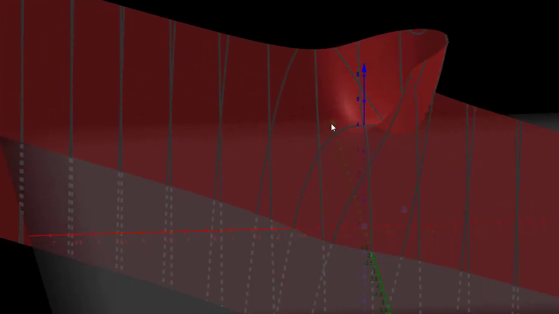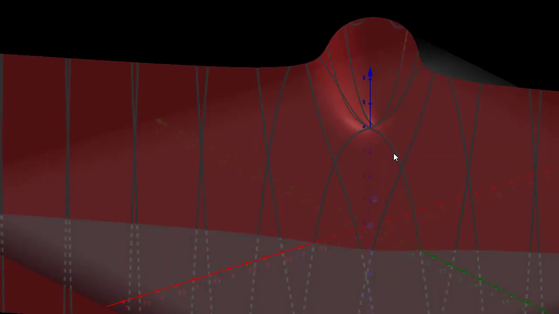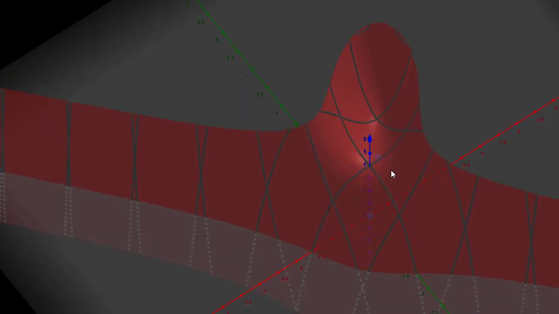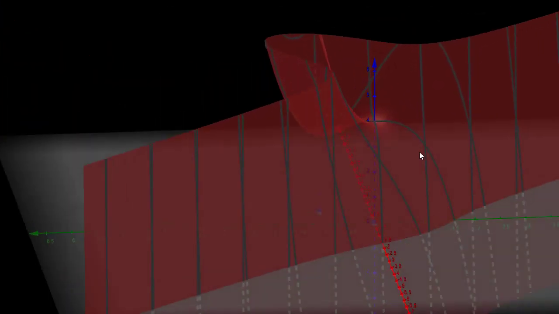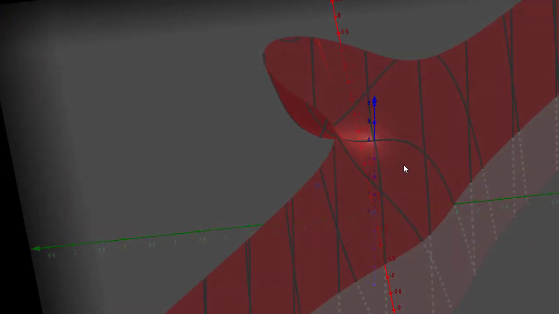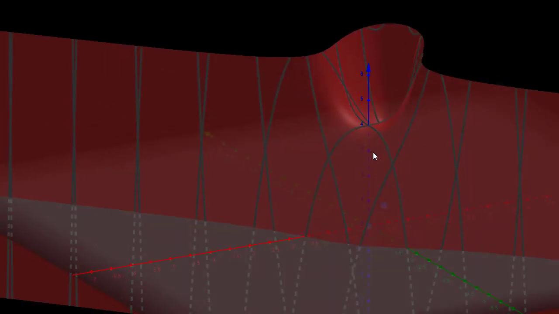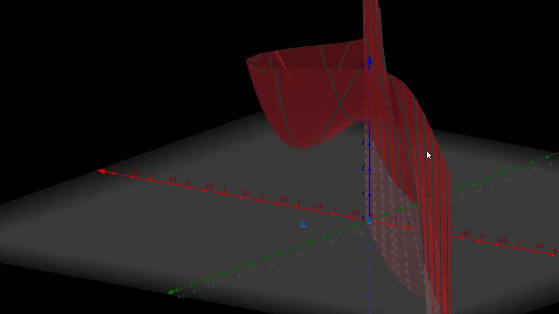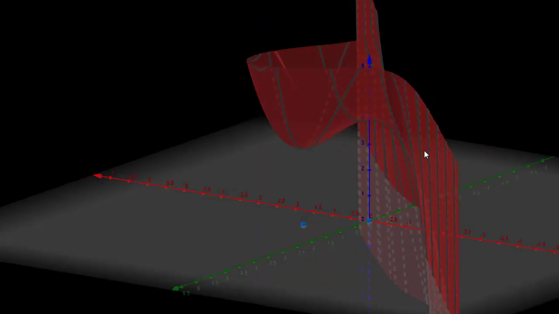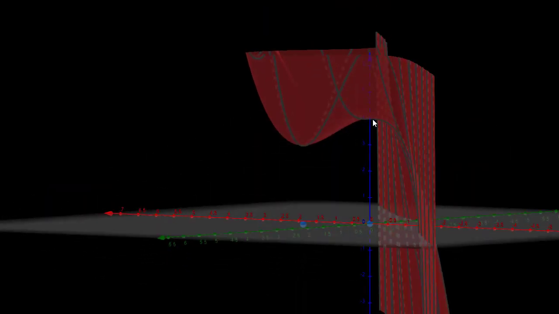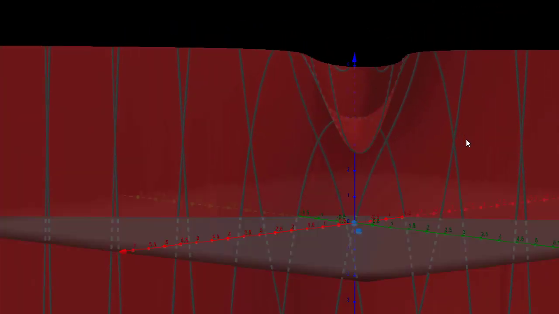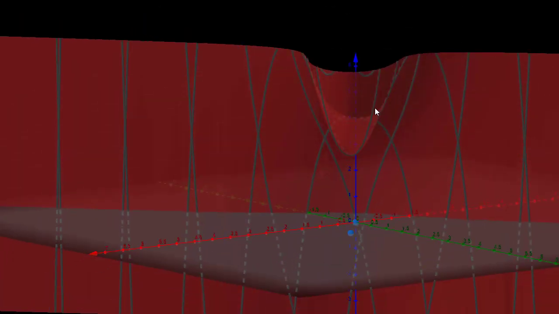It looks like an inflection point in one direction and an inflection point in the other direction. But at the same time, when I look at it this way, I see a min in this direction, and if I look at it, you can kind of see it through there.